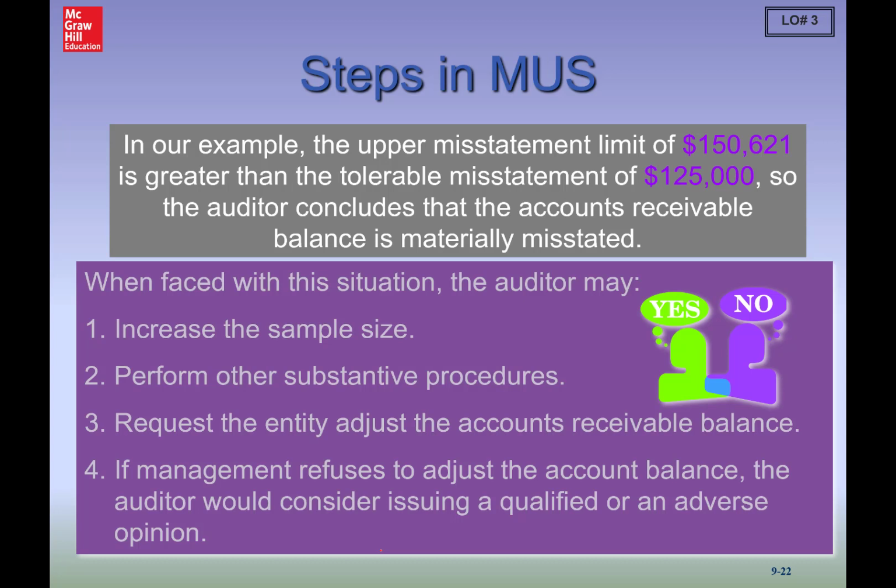Or, if management refuses to make the adjustment, then what? Well, then I'm probably giving them some sort of modified opinion, right? Depending on the materiality, I could be giving them a qualified opinion. The opinion would come out and say, in our opinion, the financial statements are fairly stated, except the accounts receivable balance was misstated by, whatever this is, $25,621.